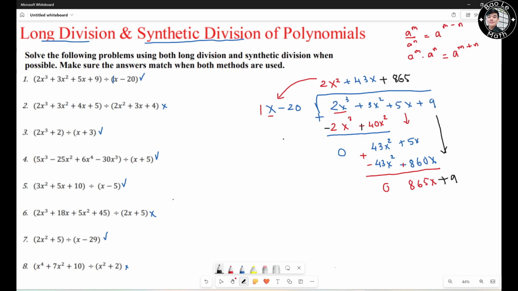You multiply this back, so it's 865s. 865 times negative 20 is going to be negative 17,300. Then you change the sign. This becomes negative, this becomes positive, and you add this up. It's going to be 0.